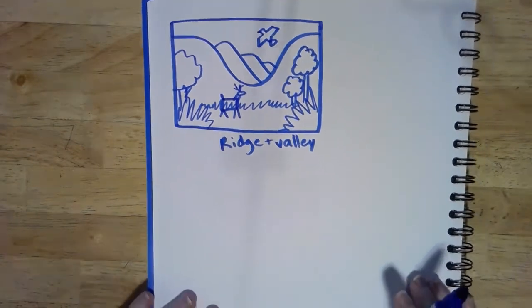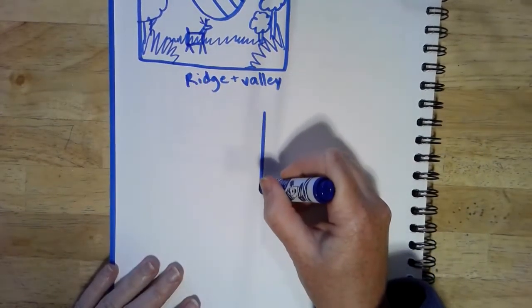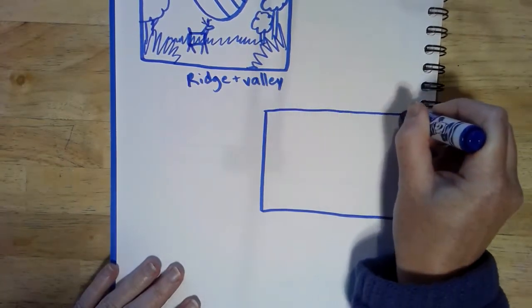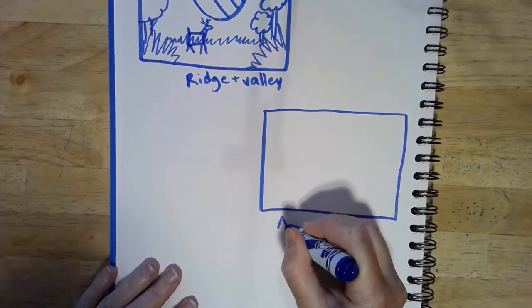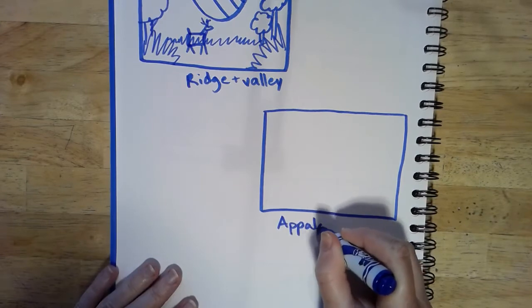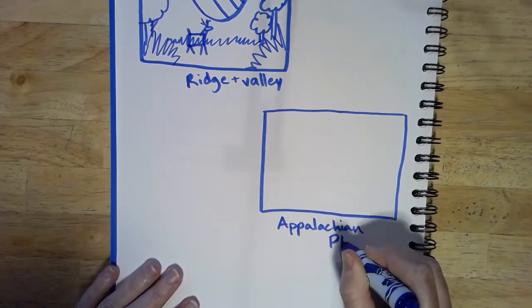So ridge and valley. And the last example I'll draw for you, how to draw these landscapes. And of course I had to spell this right. Appalachian Plateau.